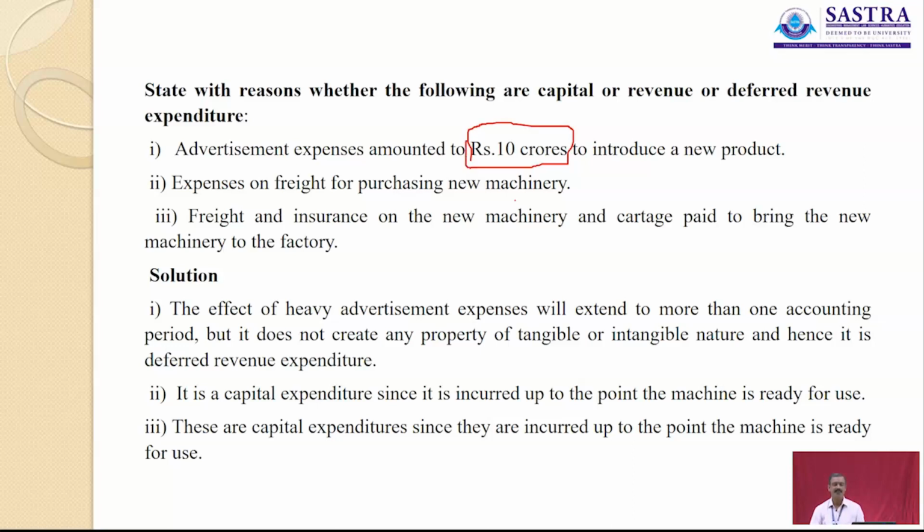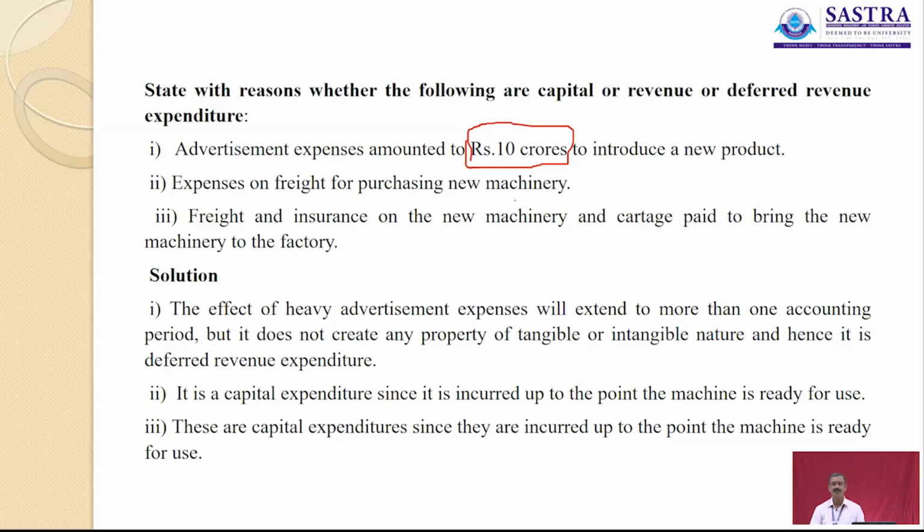Advertisement expense amounted to rupees 10 crores. 10 crores will not be spent for one year. Once advertisement expense of smaller categories is spent for media advertising, audio advertising, banner advertising or whatever be the method of advertising, the benefit of which will be derived within one accounting period, it may be revenue. Whereas 10 crores is a huge amount.